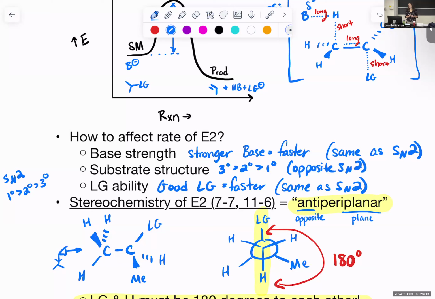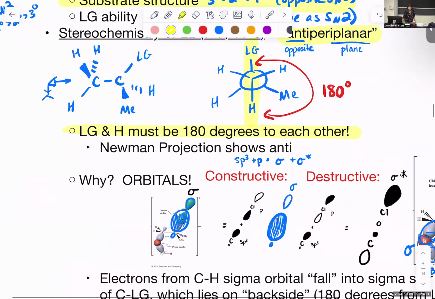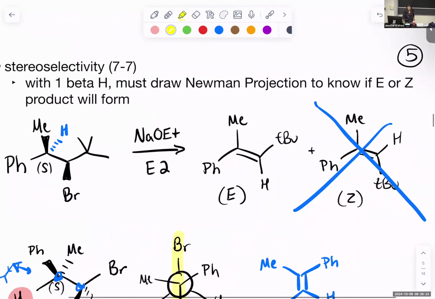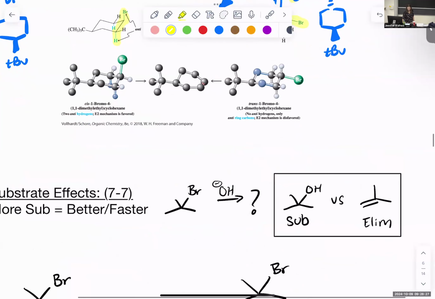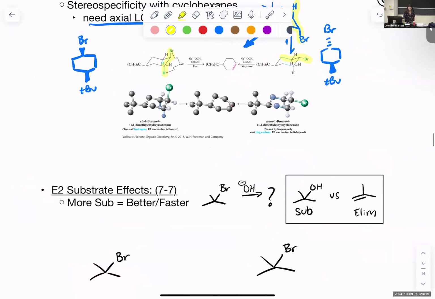That's the opposite of SN2. Because this is the unique identifier, that's what we're going to talk about, that substrate. I just want to point out that the other two factors are the same. That's why we're not going to talk about them. But what we're about to talk about is that substrate effect.